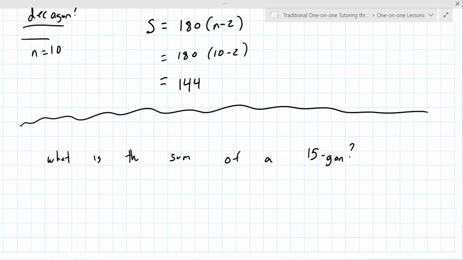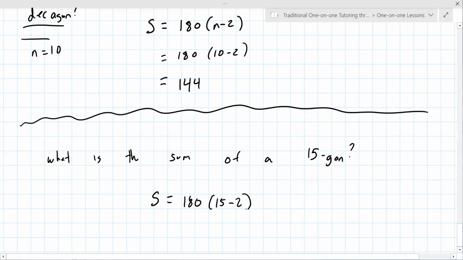What is the sum of the 15-gon? So use the same formula. S equals 180 times 15 minus 2.